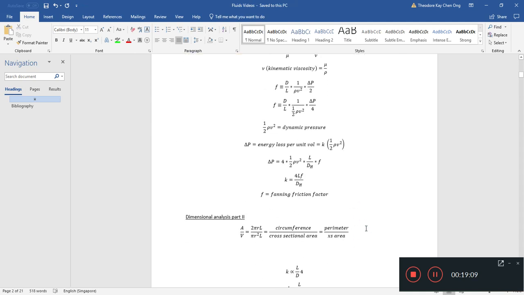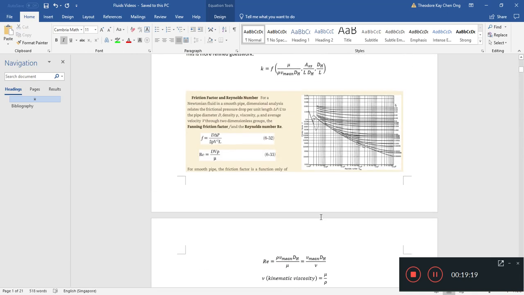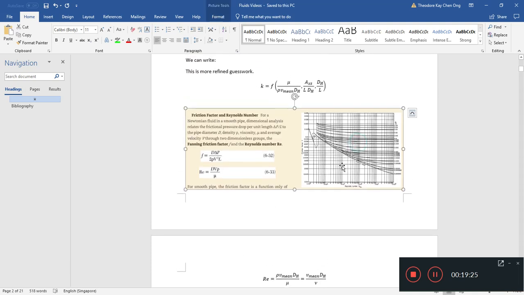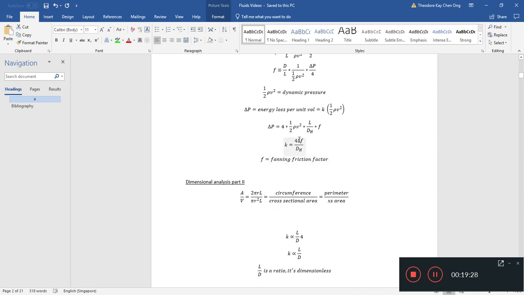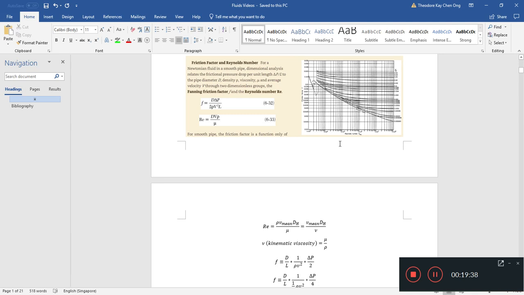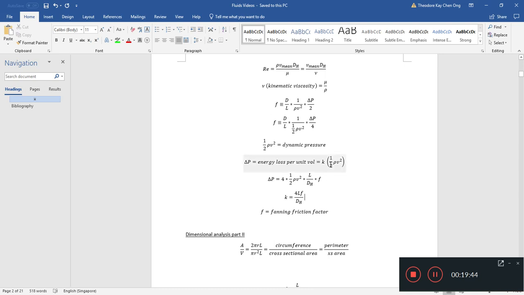Basically, for any pipe, we just read off the f here, the fanning friction factor, off of this graph. We plug it in to get our K, because this was collated using experimental data. Then of course the dH and L will depend on the pipe length, and indeed K varies linearly with the L over dH ratio, as we initially guessed.